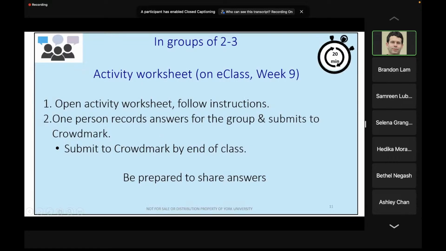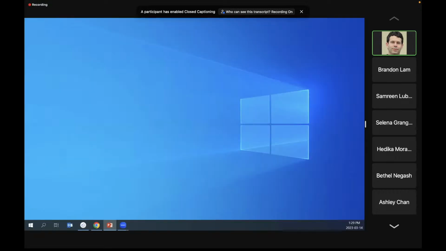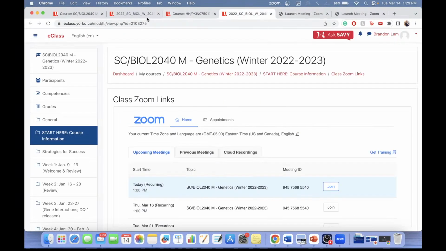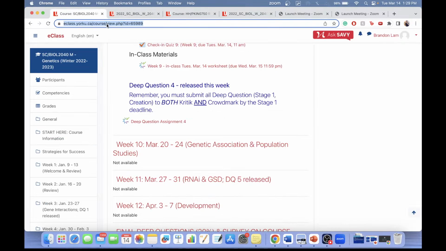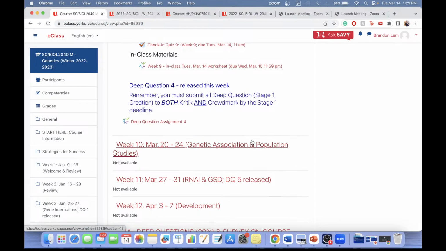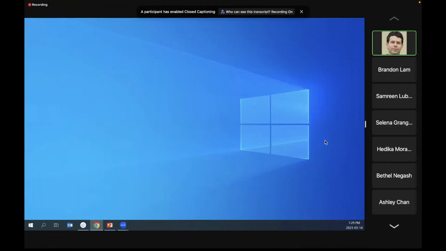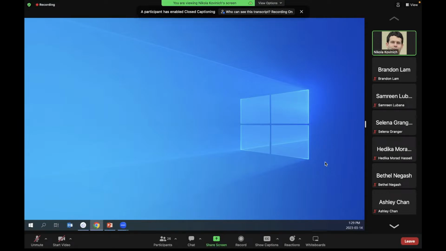Okay, so you have an activity, in groups of two to three. You got this worksheet. I'm going to open it up. Follow the instructions, typical stuff.